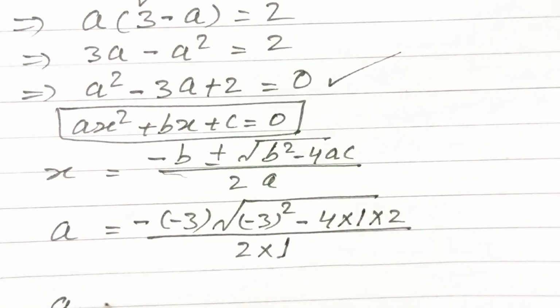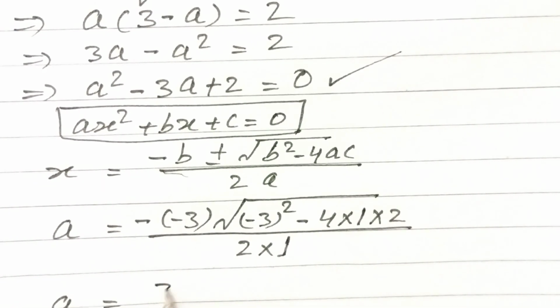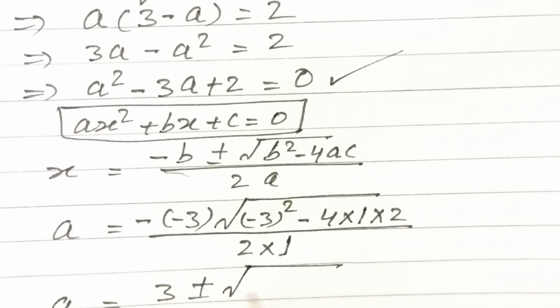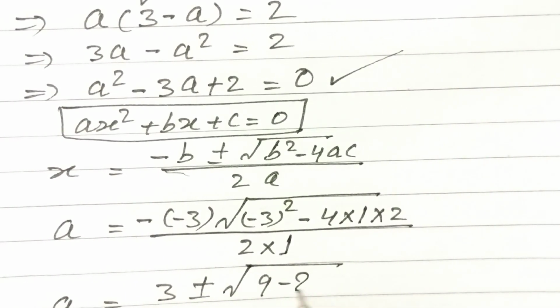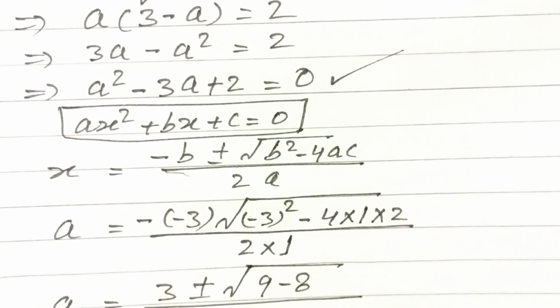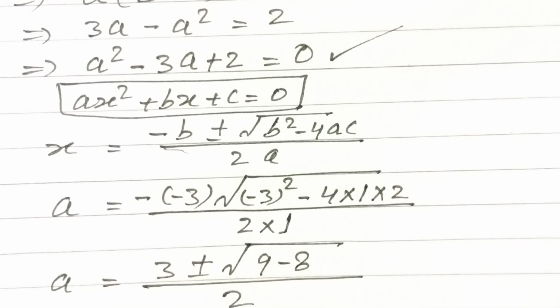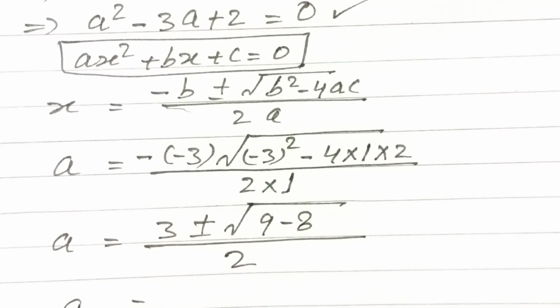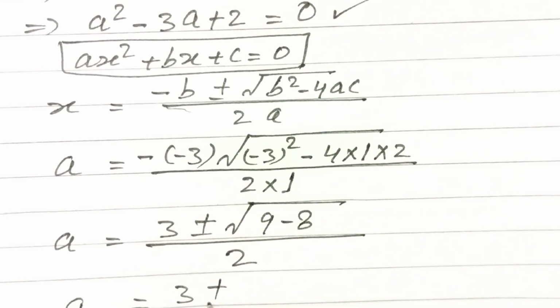So a is equal to 3 plus minus square root of 9 minus 8 over 2.